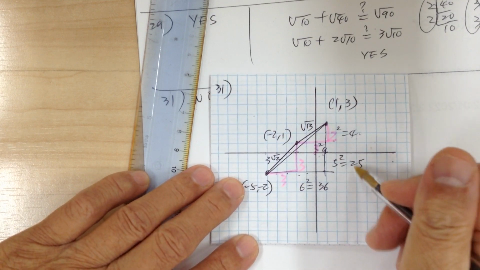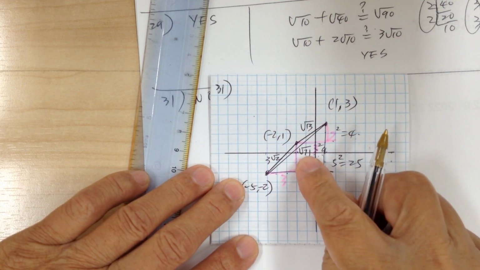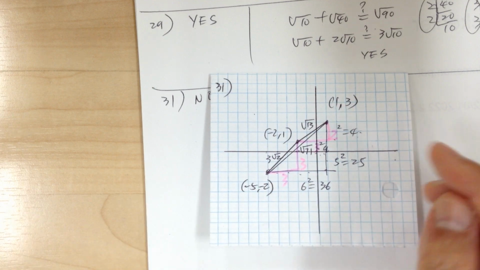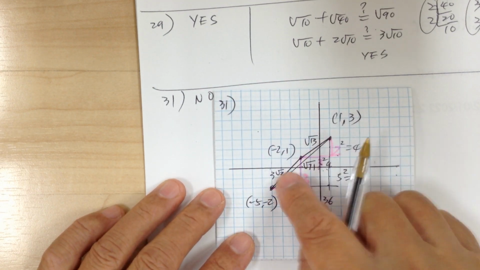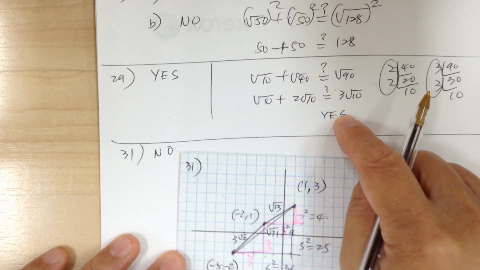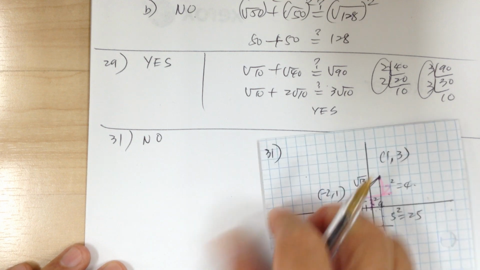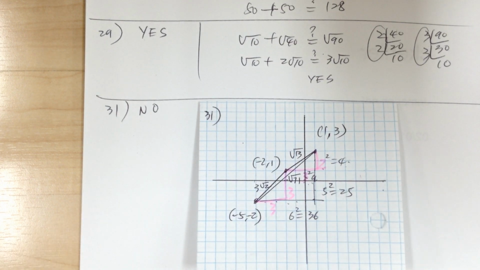When you add this together and take the square root, this would be square root of 61. And this is not going to be equal. So this plus this does not equal that. If they are equal, like the one over here, then it's yes. So you can see it's no. Again, if you sketch it out, it makes things much easier and quicker.